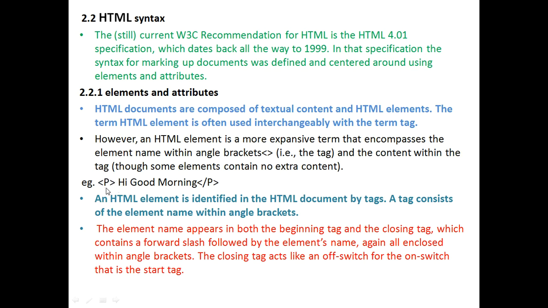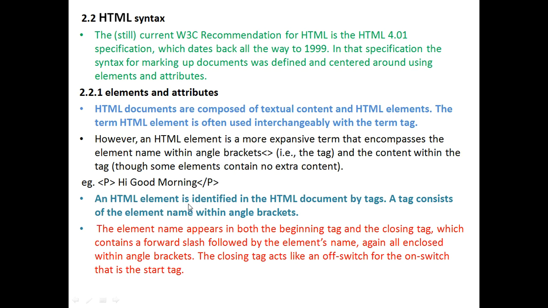This angle bracket P represents a paragraph, which we will call a tag here. This is a tag. Many of the tags, not all, which are started should end. Many of the tags which are started here should end here, right? That's one more rule you can consider.